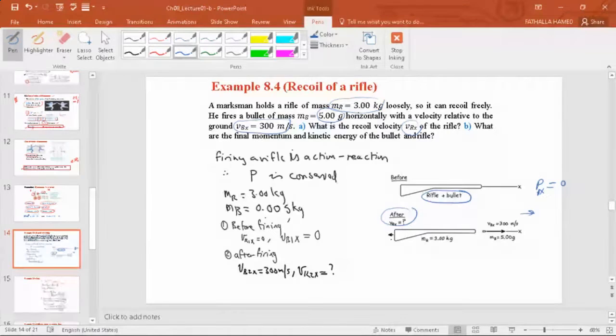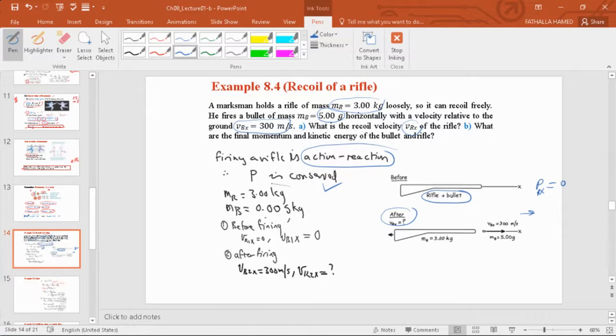And of course, the rifle will recoil back. Now, if you look at external forces, we don't have external forces here. So the summation of external forces is equal to 0. And that basically comes as an action-reaction here, Newton's third law. So the momentum is conserved.